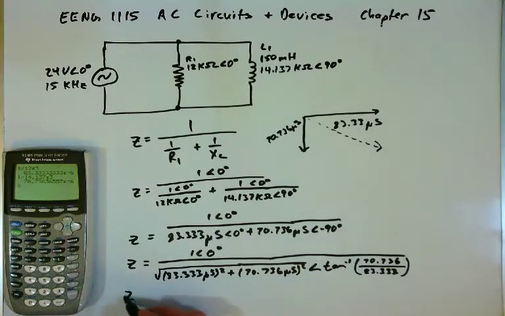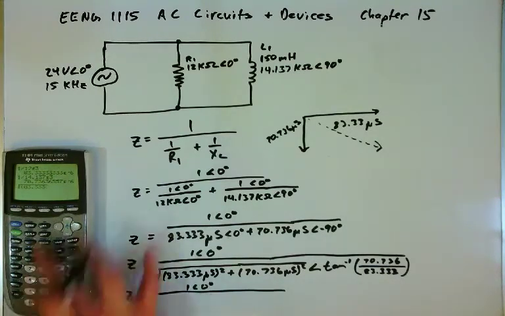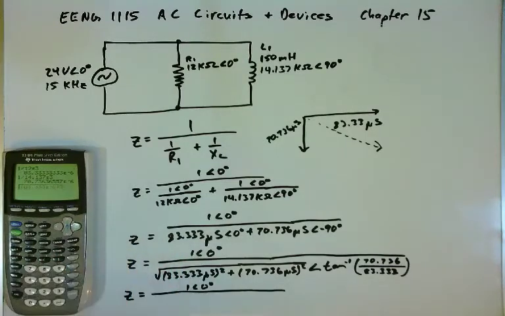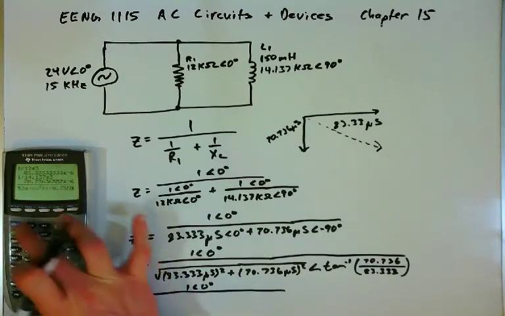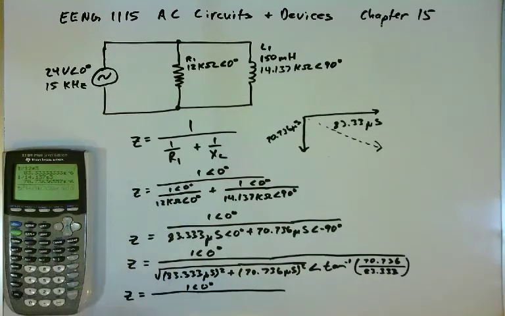And so we get the total impedance is equal to 1 at 0 degrees divided by the square root of 83.333 micro, close parentheses, squared, plus, open parentheses, 70.736 micro, close parentheses, squared.